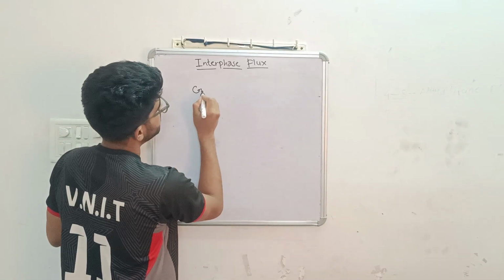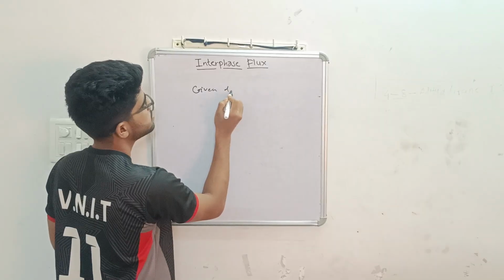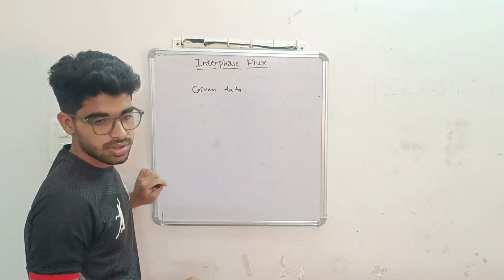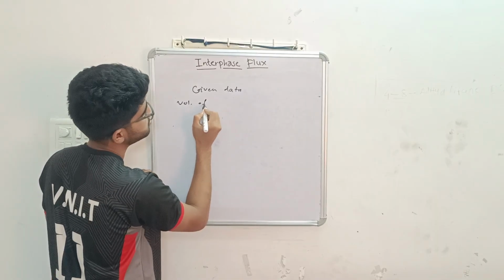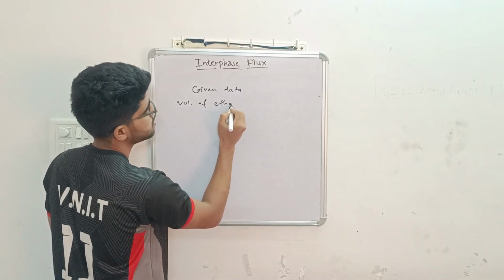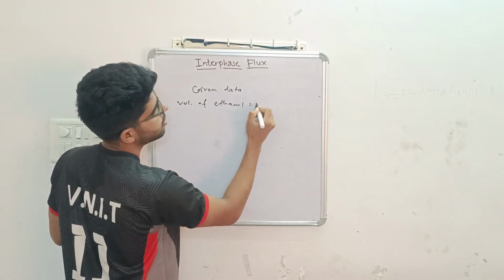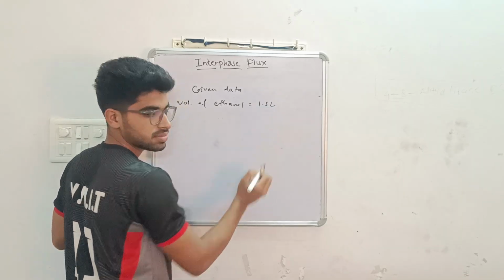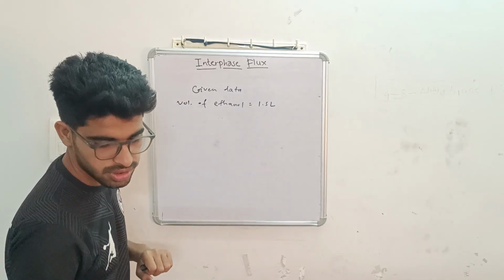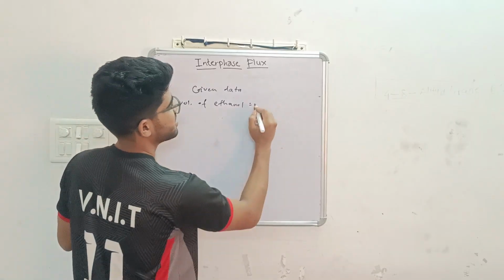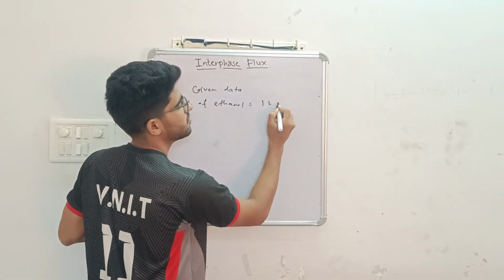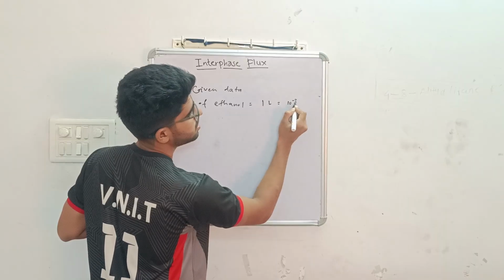So our given data is, first of all, volume of ethanol is 1 liter, which is equal to 10 to the power minus 3 meter cube.